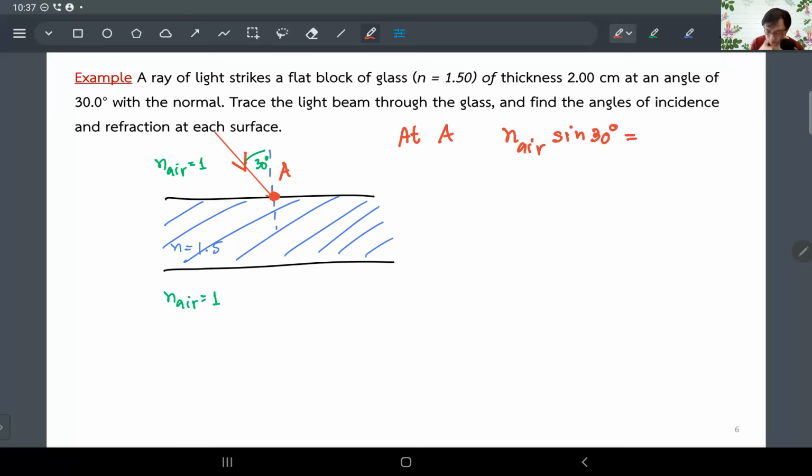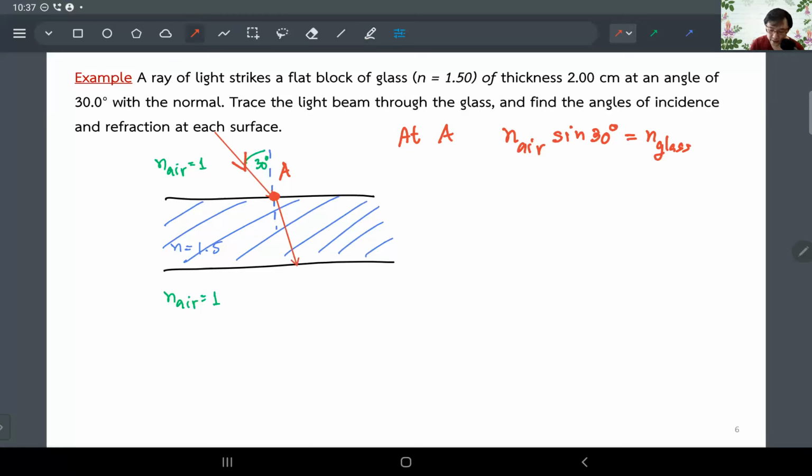On the way in, there will be some refraction, so the direction of the angle will change a bit. Because you go from 1 to 1.5, from air to glass, small to big, the angle will go from big to small. So the refracted ray will bend a little bit toward the normal. You guys with me?